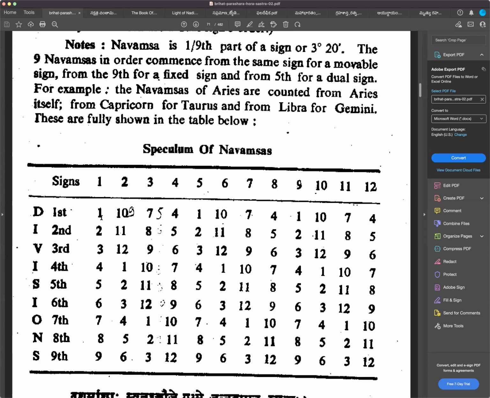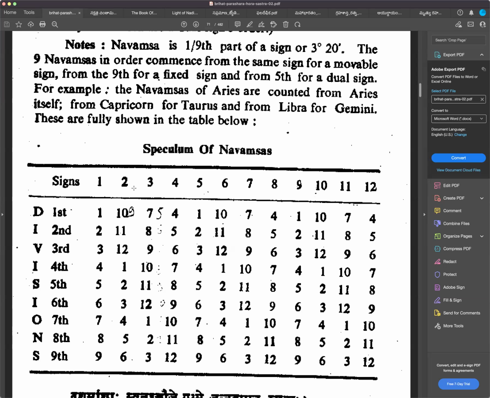If you see here, the Chara Rasis, like Aries, Cancer, Libra, and Capricorn, all start from Aries.